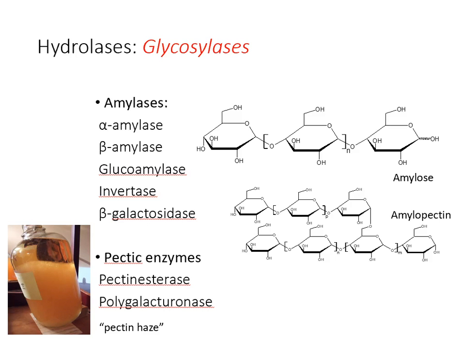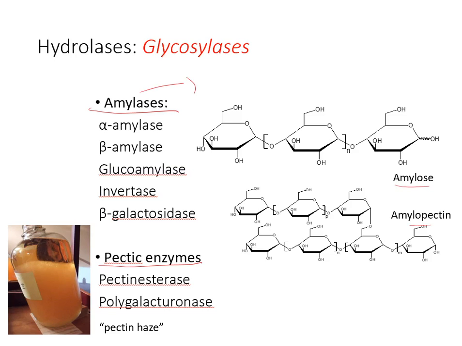Another hydrolytic enzyme group is glucosylases. So in this group we have amylases and pectic enzymes. As the name relates, amylases, they work on amylose and amylopectin.